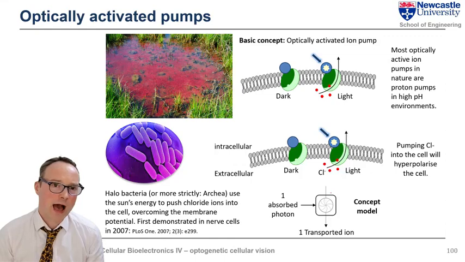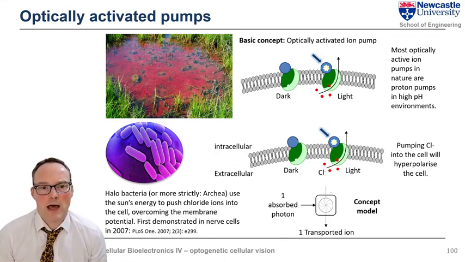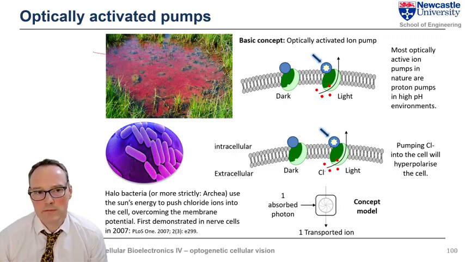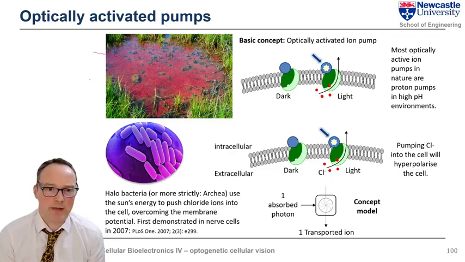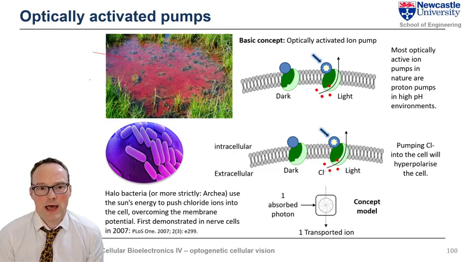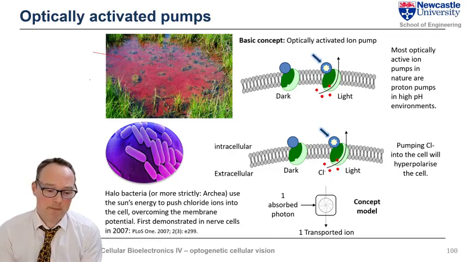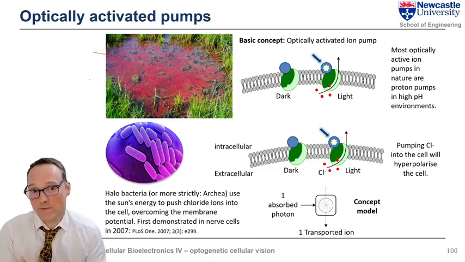But you also have, as I mentioned before, bacteria and pumps. These are purple bacteria or red bacteria. They can exist in salty marshes and lakes, and because they live in either salty or perhaps acidic environments, they have to get rid of ions.